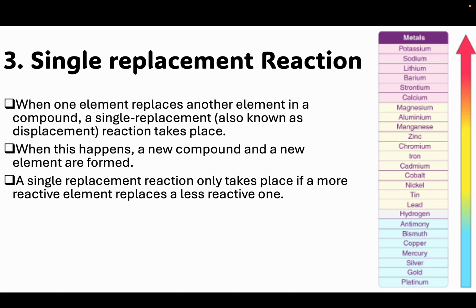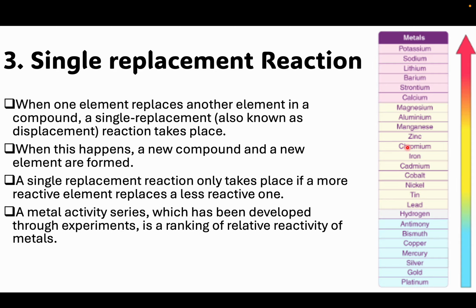On the right side of the presentation, what you are seeing here is the metal activity series. This will explain how single replacement reactions occur. The metal activity series, which has been developed through experiments, is a ranking of the relative reactivity of the metals.